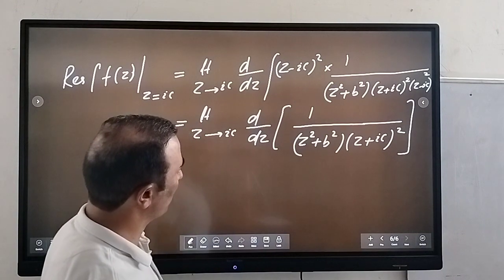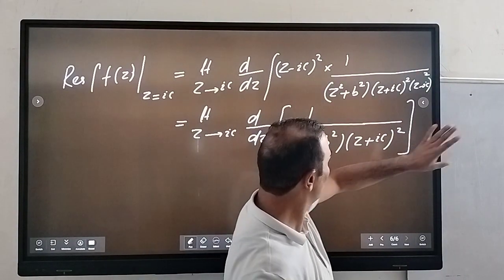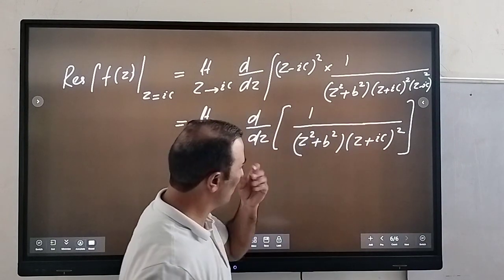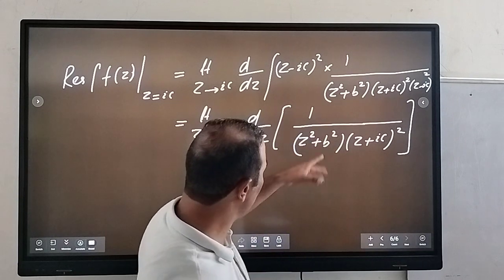right, because this z minus iota c whole square will cancel with this thing, right? So we can have only this term. Now, first you need to differentiate it, so it will take time. So I will write the direct result because it is very easy.